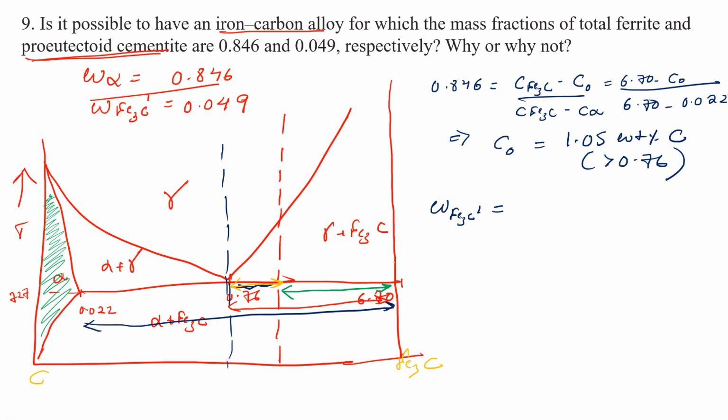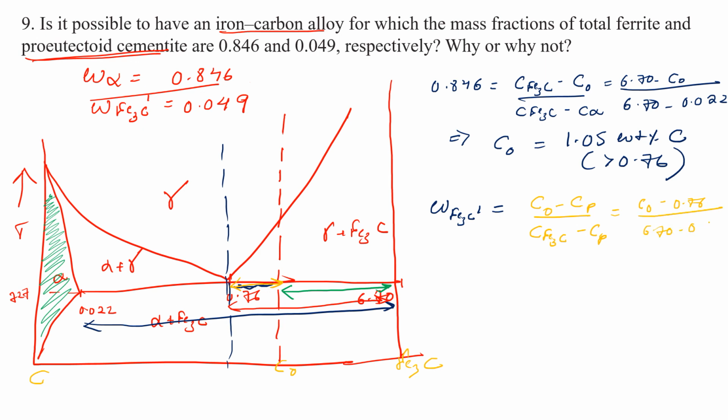So the pro-eutectoid cementite will be C0 minus Cp divided by the total, which is CFe3C minus Cp. We don't know C0. Cp is 0.76, and CFe3C we know is 6.70.